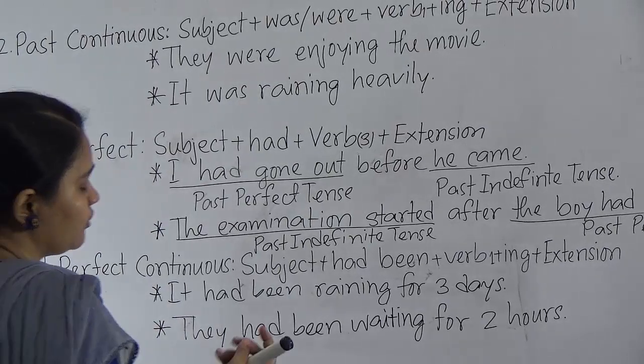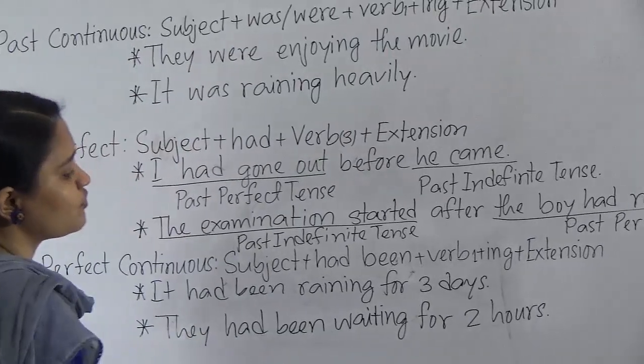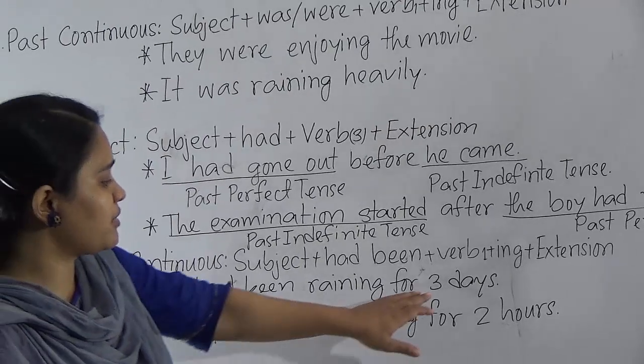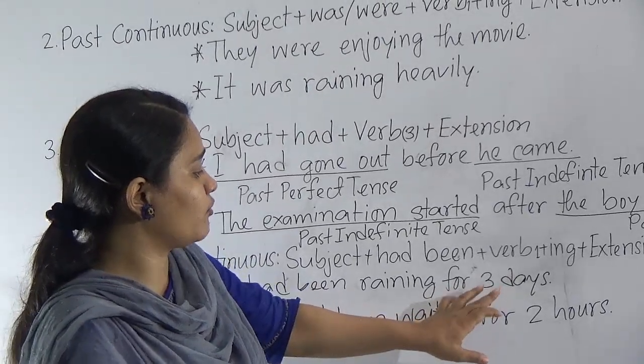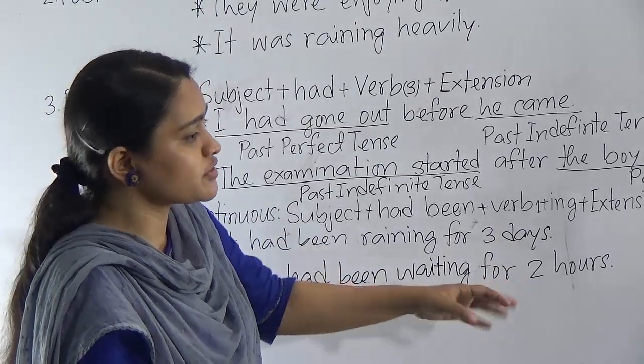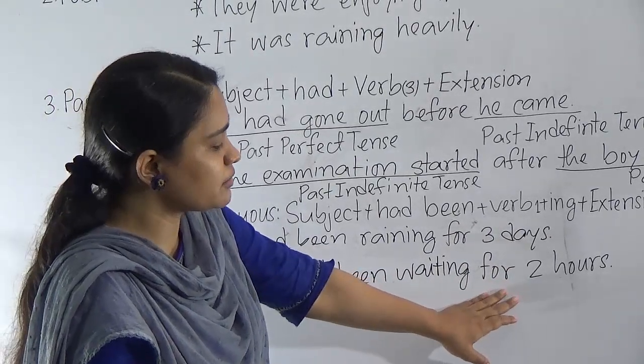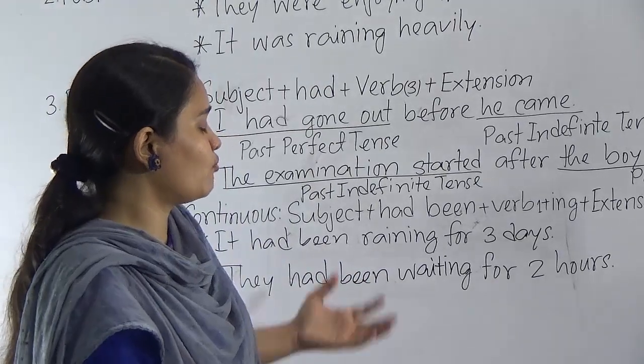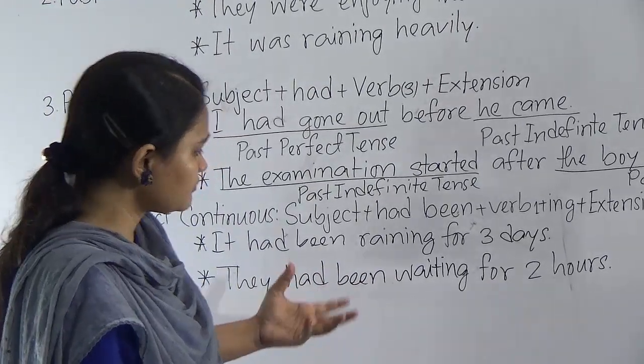And you know that we use for when the time is dividable. That means when we can say 1 day, 2 to 3 days, and we use since for undividable time, when we can't divide the time, like morning, evening, etc.